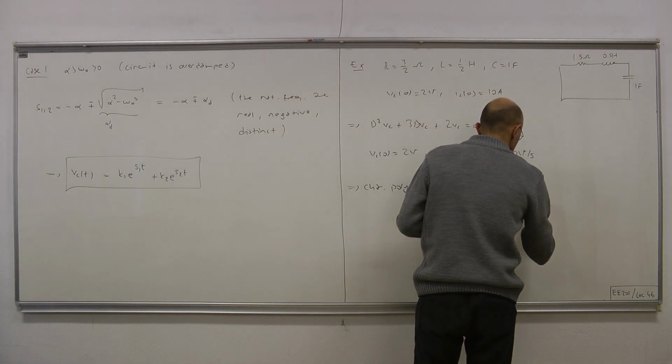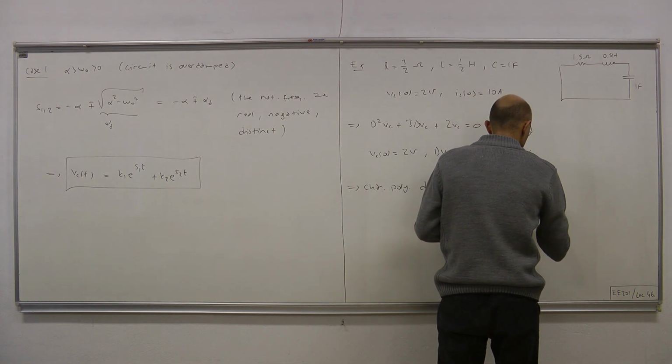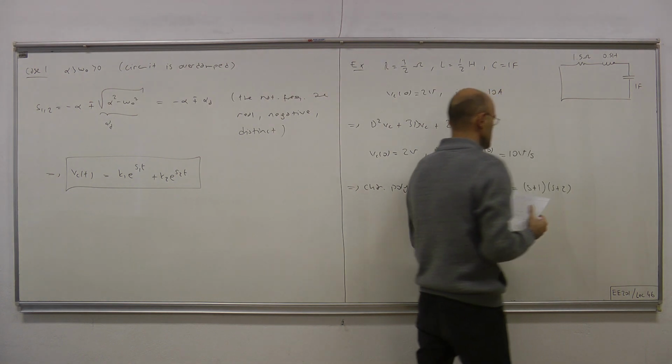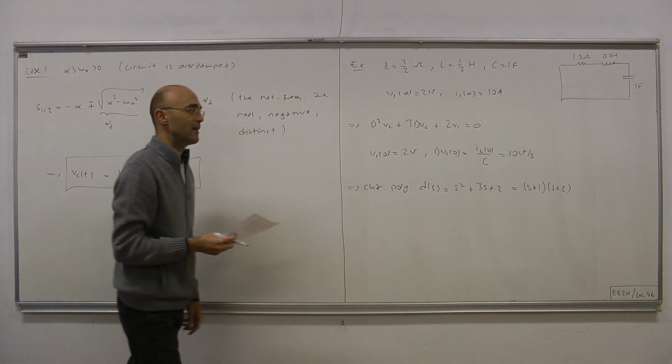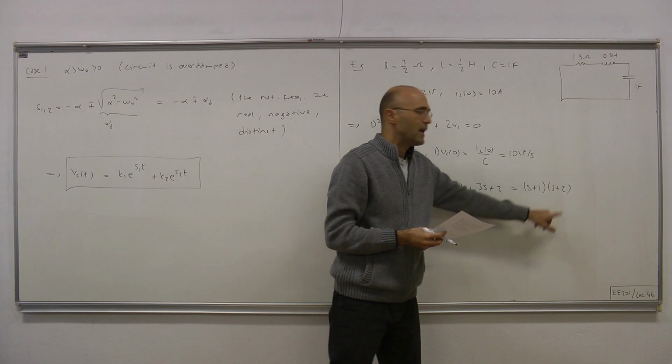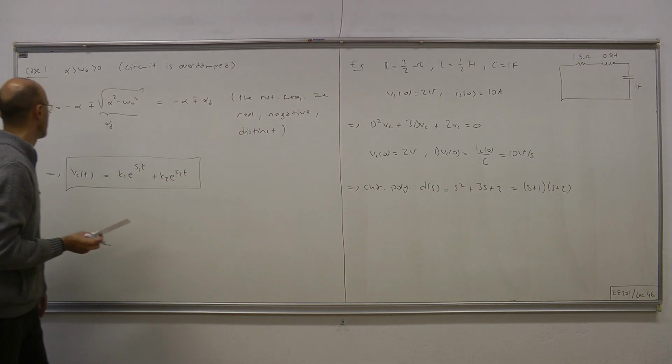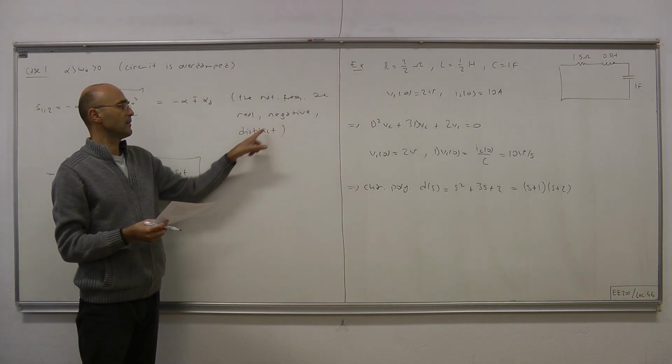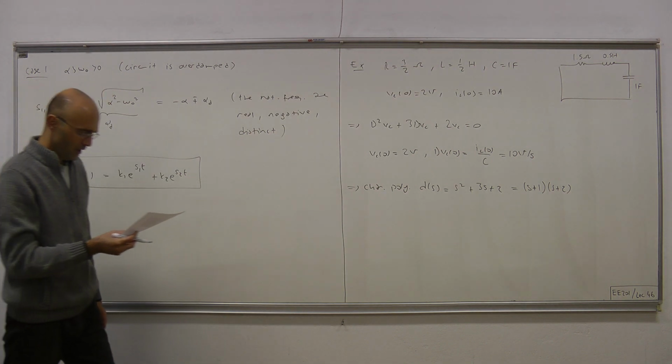Now clearly this can be written as S plus 1 times S plus 2, and when you write it in that form, it's clear that natural frequencies are at -1 and -2. Okay? So both real negative and they're distinct.